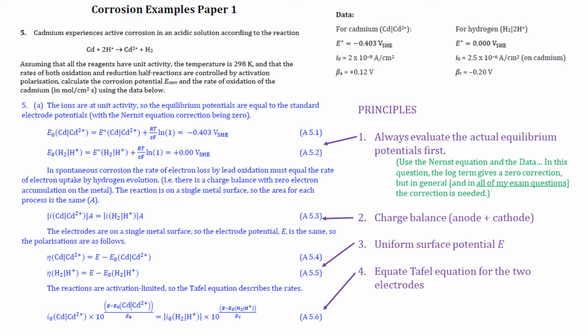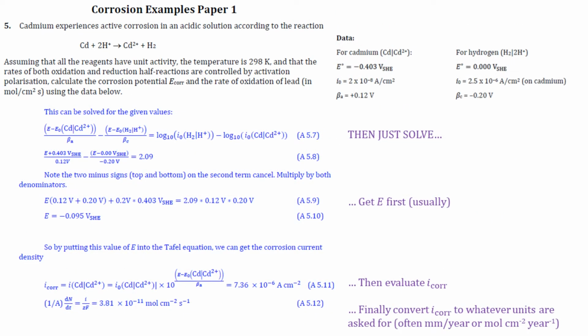Principle 3 is that because we have a single metal surface, there must be some uniform surface potential, which we can call capital E. And principle 4 then, because we know the Tafel equation applies and describes the rate of both electrodes, we can put the information from the first three principles into the Tafel equation, and we can get equation A5.6. And once we've written down those principles with some nice words of explanation, then we can just straightforwardly solve. We just need to do a bit of algebra.